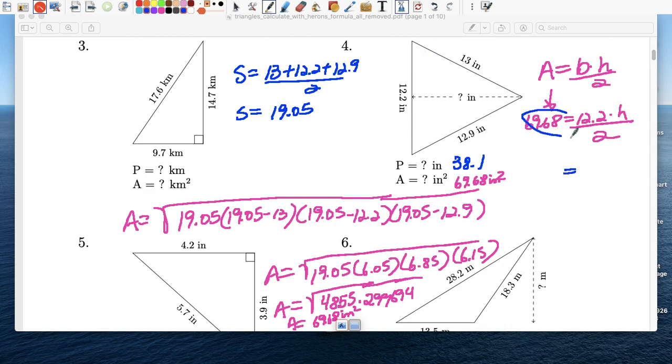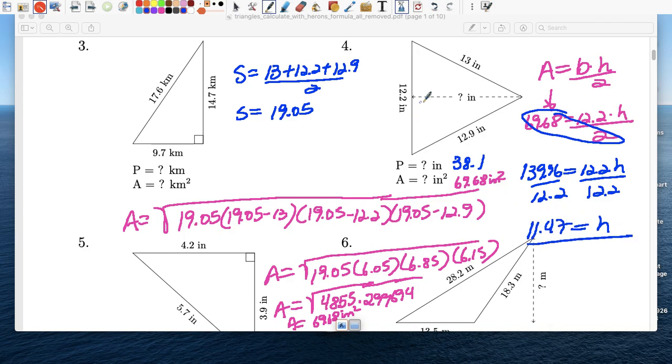If you cross multiply, you'll multiply 69.98 times 2, and you're going to get 139.96 equals 12.2h. We're going to divide both sides by 12.2, and we're finally going to get the height. Your height, rounded, is going to be 11.47.